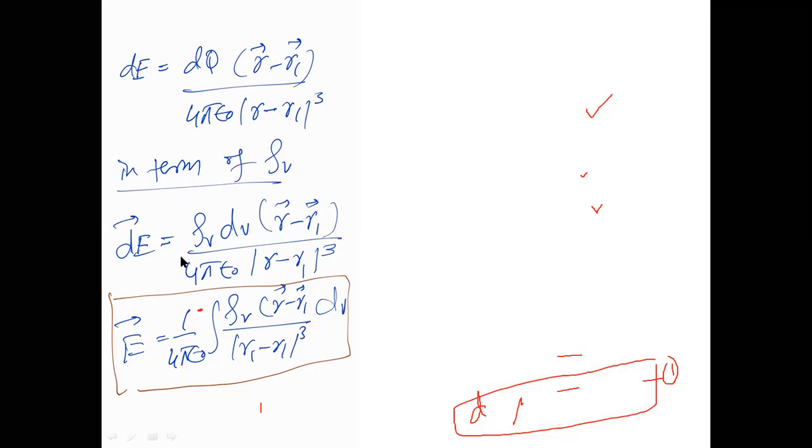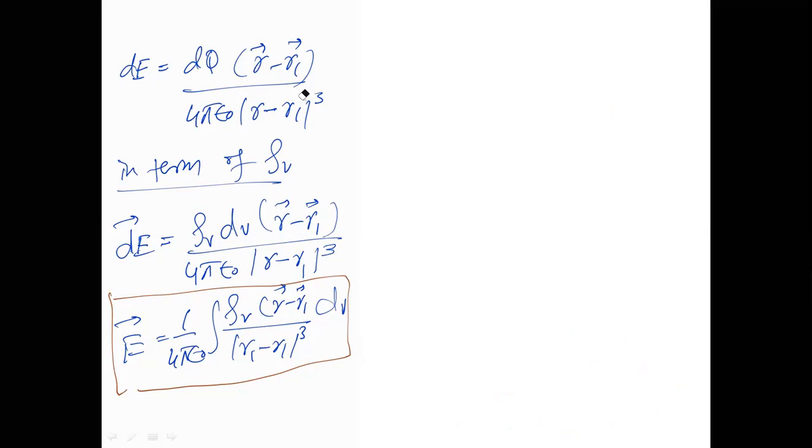Taking the integration on both sides in order to find the whole volume charges, we get rho v r minus r1, and this integration is actually with respect to dv. For the volume, it means we have to put the limits of volume over there.